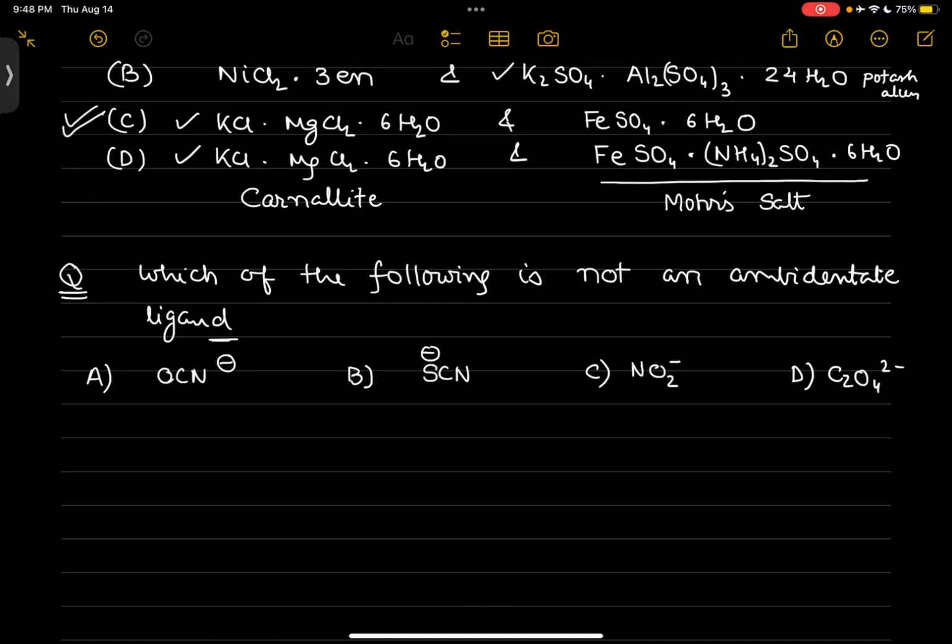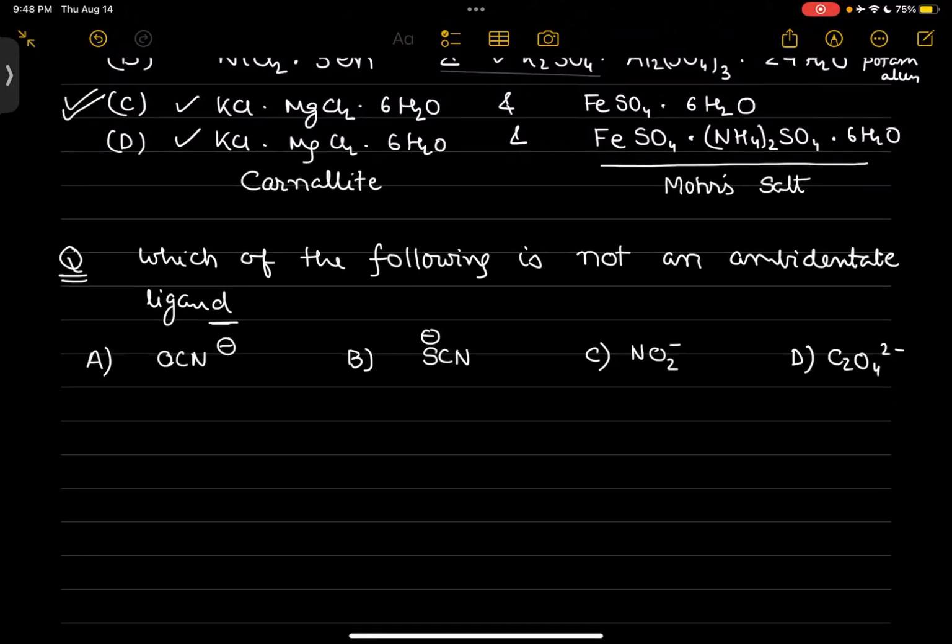What should be the answer? Ambidentate ligand, what was it basically?